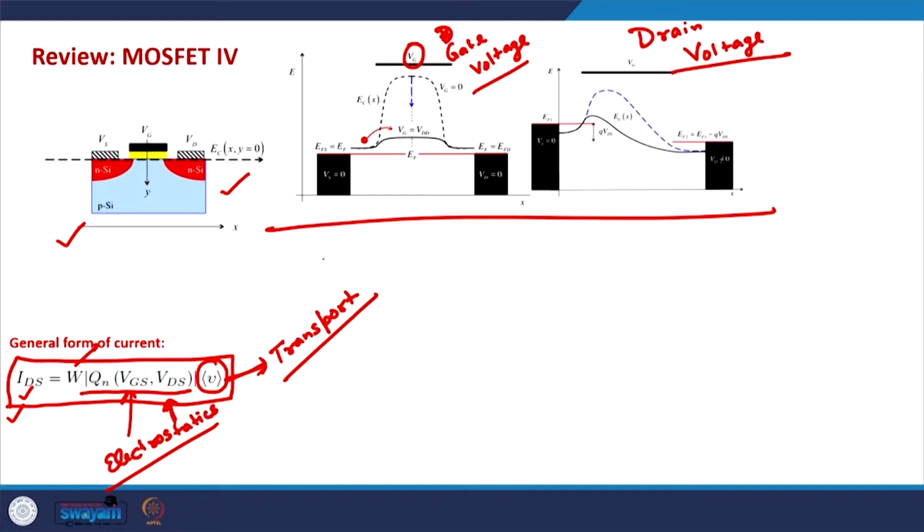Please remember that this is the barrier in the energy landscape of the electrons, and because of this barrier structure, the gate terminal becomes the control terminal. The gate can reduce the barrier or increase the barrier.